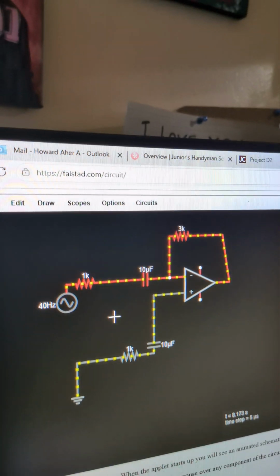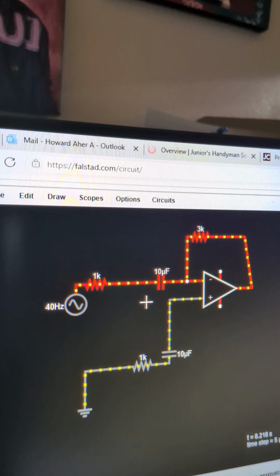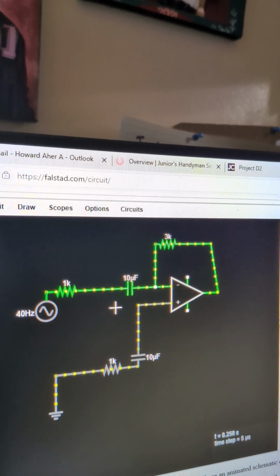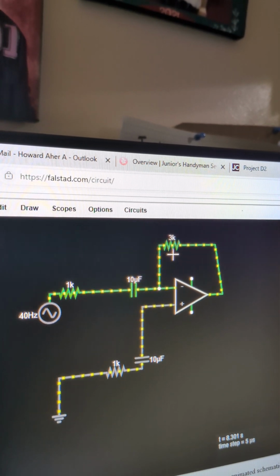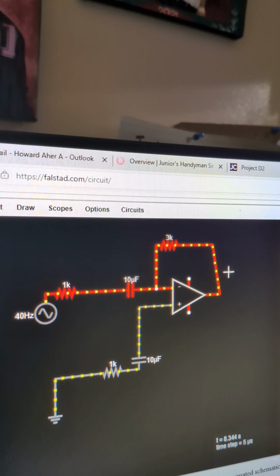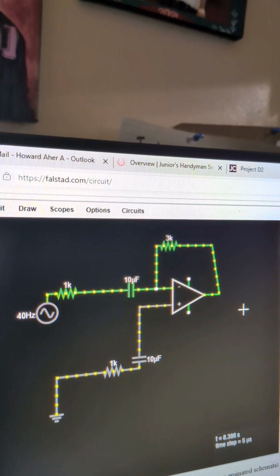capacitor. These components, along with the 3,000 ohm resistor being here as the feedback resistor and the 10 microfarad capacitor in the feedback loop, determine the filter's characteristics.